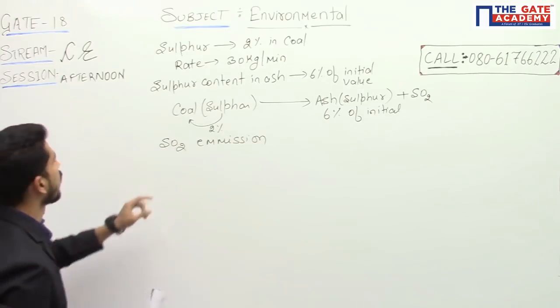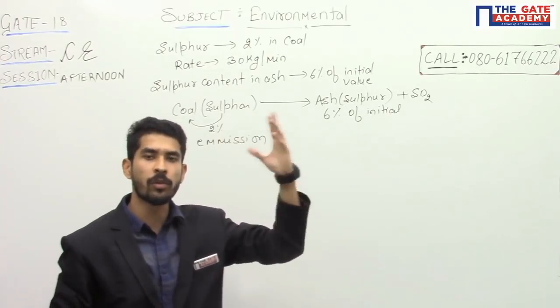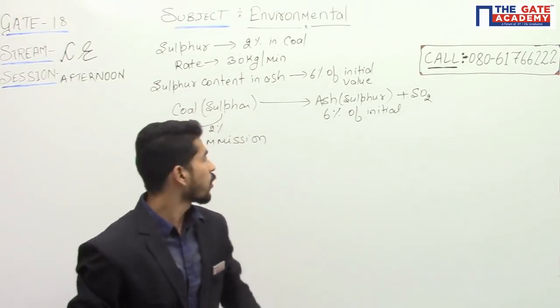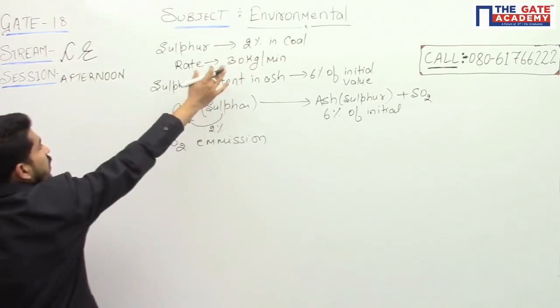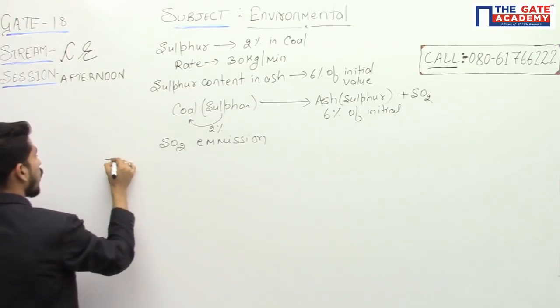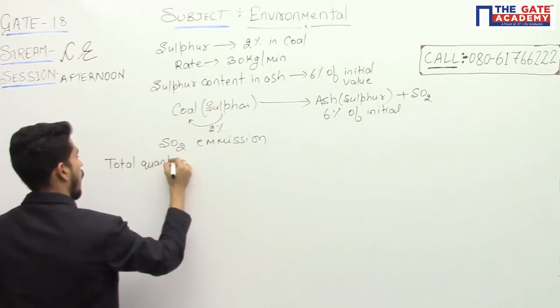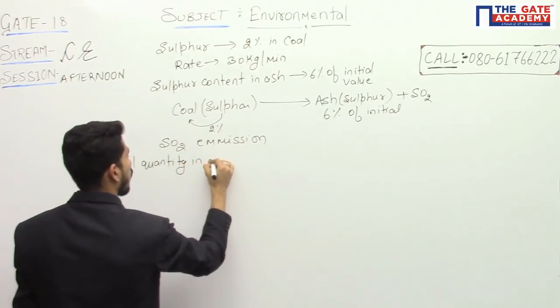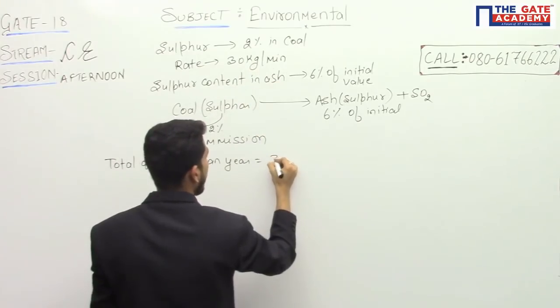Since he says the rate is 30 kgs per minute and he is asking for the entire year, let us calculate the total quantity of coal which is coming into the brick kiln. So the total quantity in a year is equal to 30 kgs per minute.